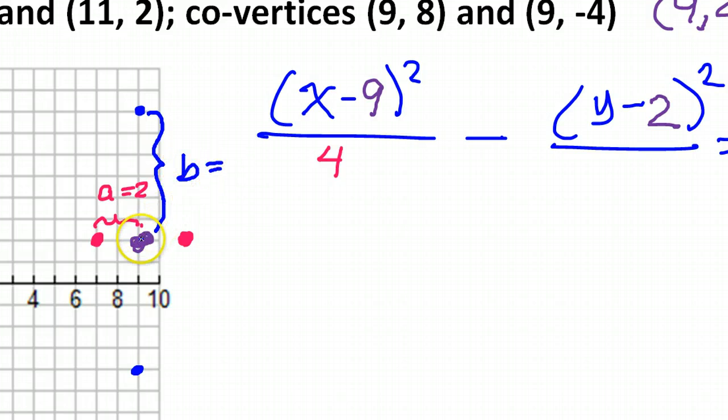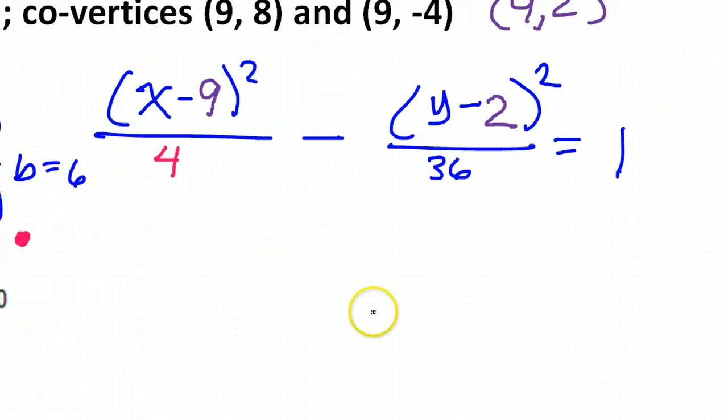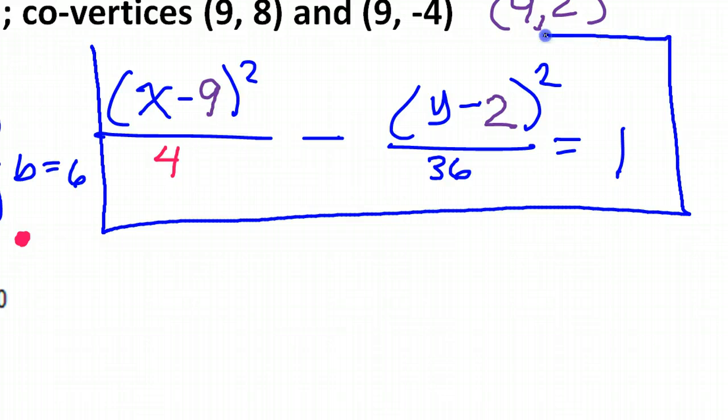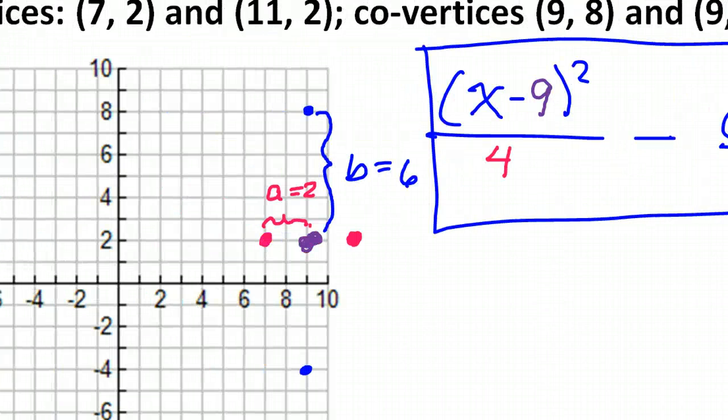So 2, 4, 6. B is 6, so this is going to be 36, because that's b squared. And that's it. I didn't even have to use that formula. This is the standard form equation.